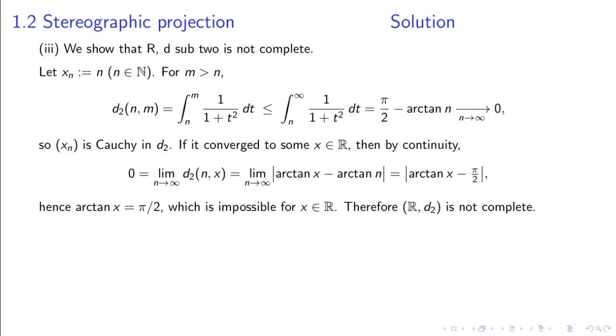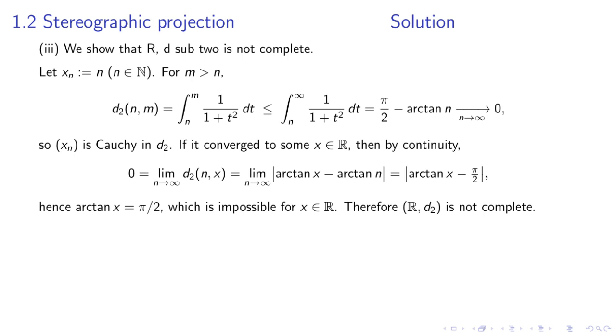But d₂ of (n, x) is the absolute value of arctan x minus arctan n. Taking the limit, we get that 0 equals the absolute value of arctan x minus the limit of arctan n, which is arctan x minus π over 2.